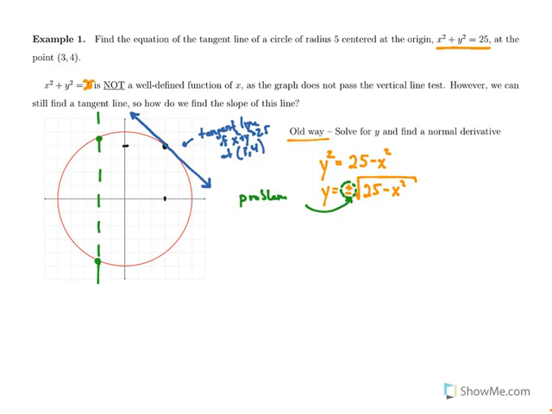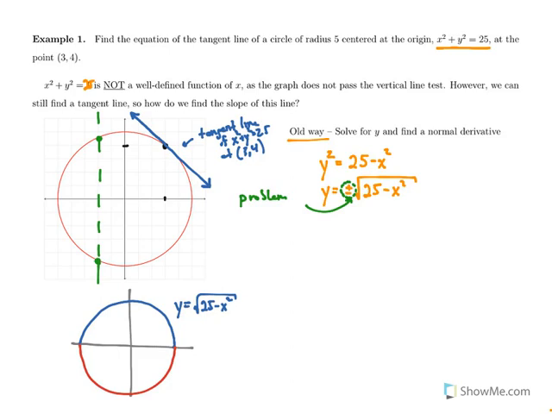So the reason why this works, this particular problem, is because we can break up this circle into two different functions. We have the top of the circle is y equals square root of 25 minus x squared. And the bottom of the circle is y equals negative square root of 25 minus x squared.